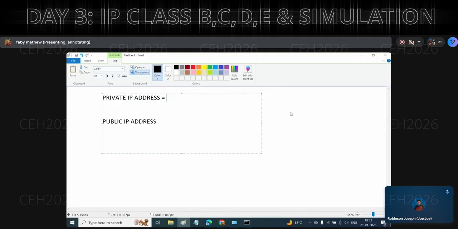If a person or an organization uses a private IP address, then a private IP address only provides communication in a LAN.